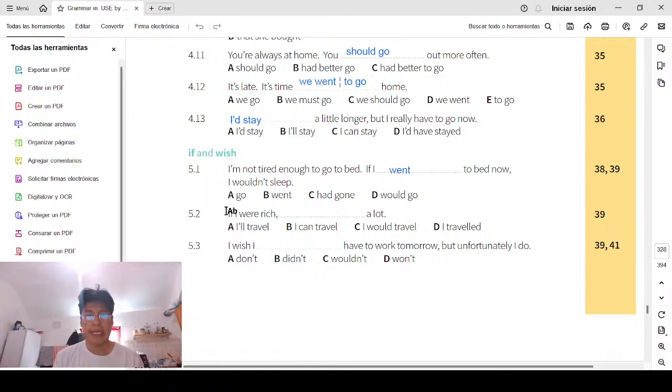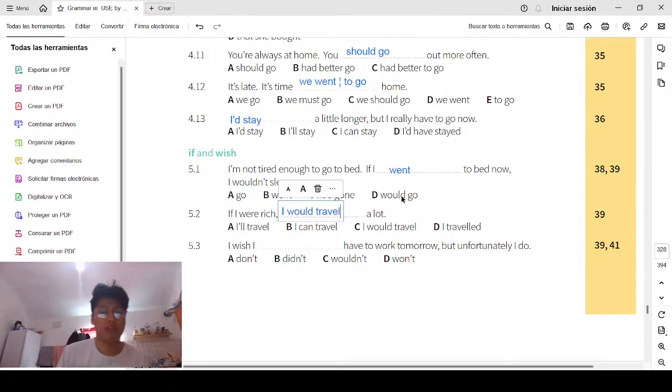Yeah, in that case, the correct answer is "would travel," because we're talking about the hypothetical situation as well. Remember, if I were rich, I would travel. Second conditional. "If" and "wish" have exactly the same meaning. Okay, if I were.